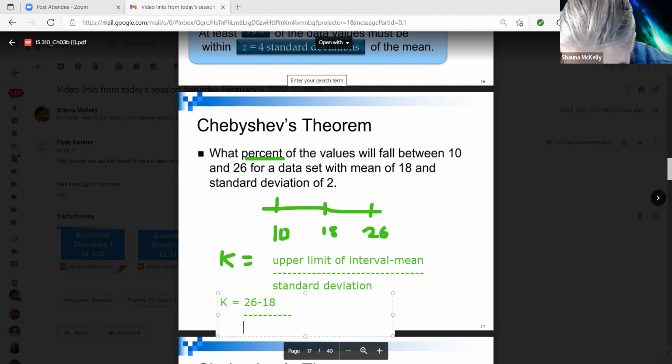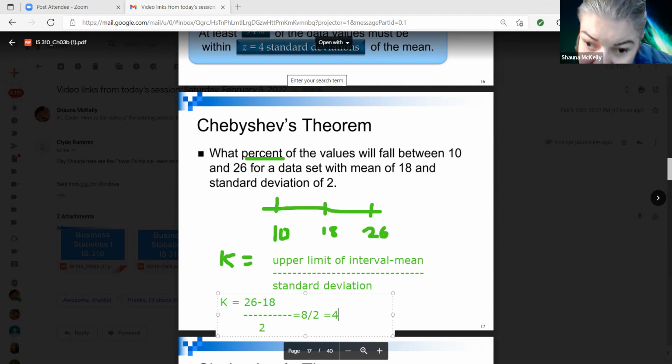By 2. Sorry, I was having a brain freeze. By 2, right? Because she tells us that the standard deviation is 2. So now you have 26 minus 18 is 8. 8 divided by 2 is 4. So K is 4, right?